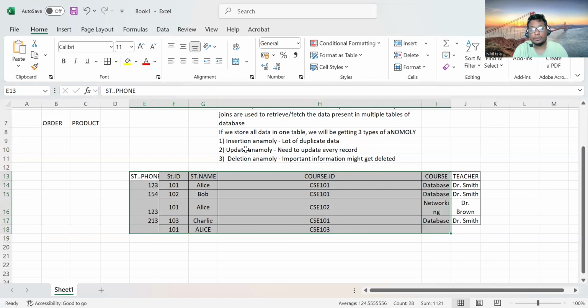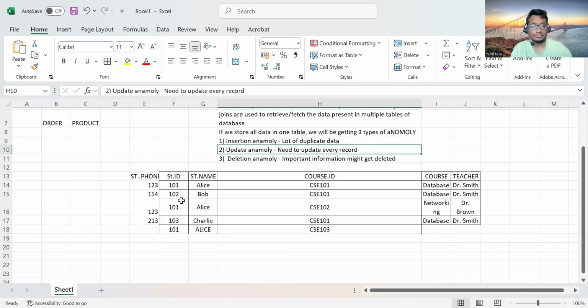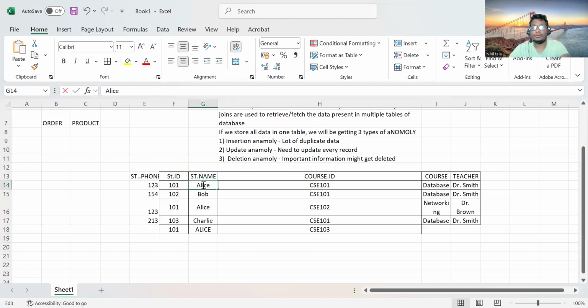Next is update anomaly. For student number 101, Alice's name is typed wrongly. Let's assume it's not Alice, it's Alice B. So in order to update this to Alice B, we have to update every record where Alice is present.